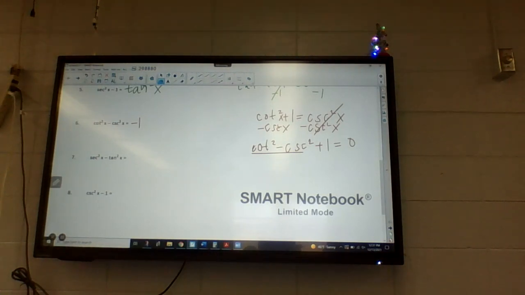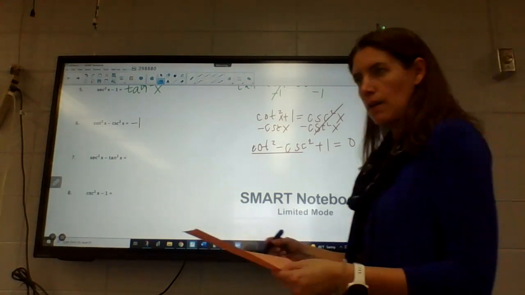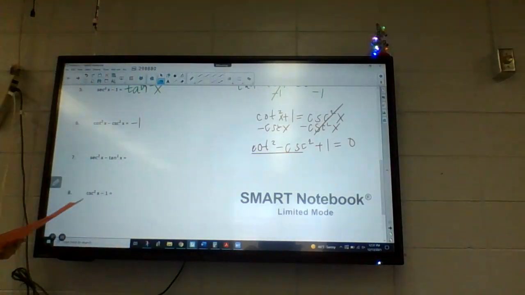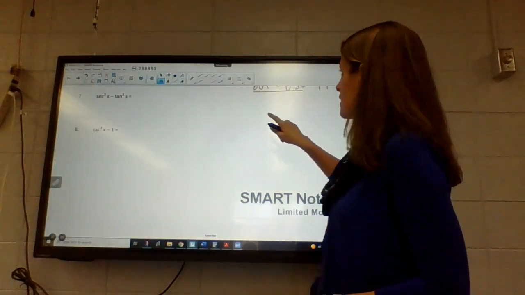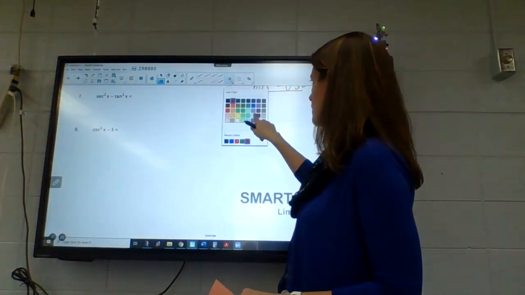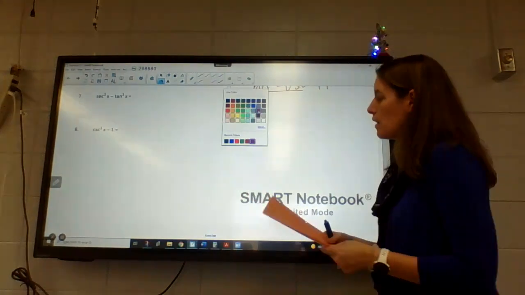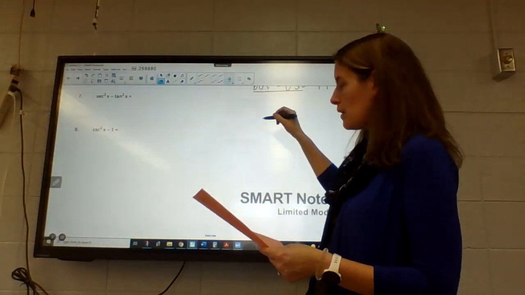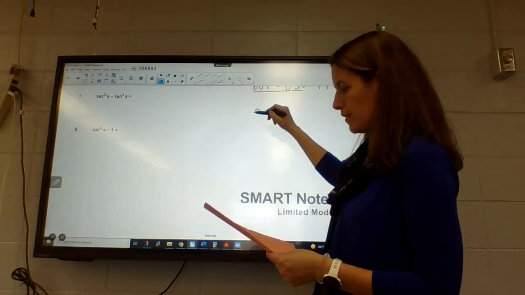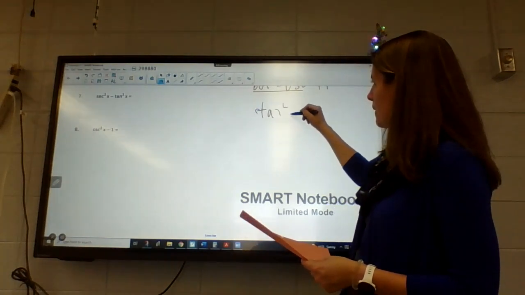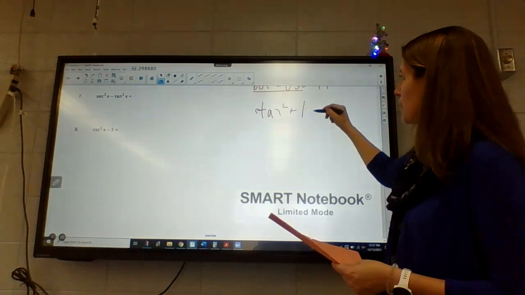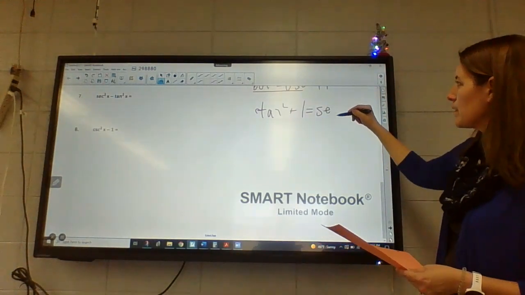Okay, secant squared minus tangent squared, what did you get there? Positive 1? Yeah. Oh, yeah, it is. Because initially, I was thinking it was the same as this one. So again, I just want to talk you through it so you can see what we're up to. We have tangent squared plus 1 equals secant squared.